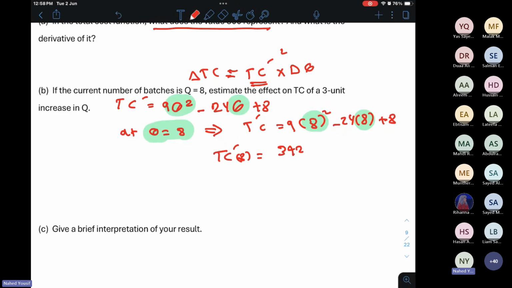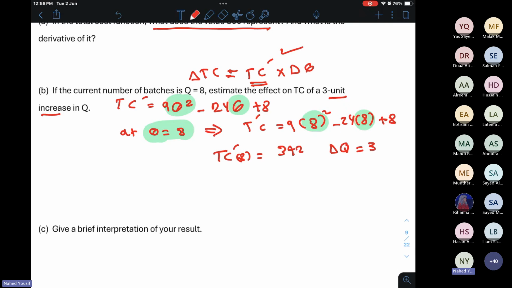Now we need the delta Q. They said a 3-unit increase, so delta Q is positive 3. If it is a decrease, it will be negative 3.